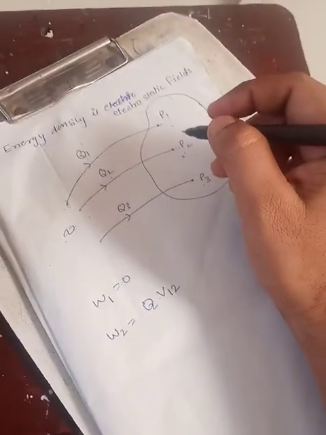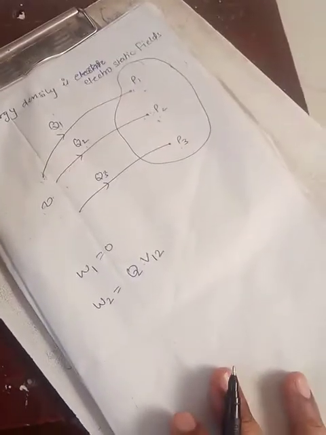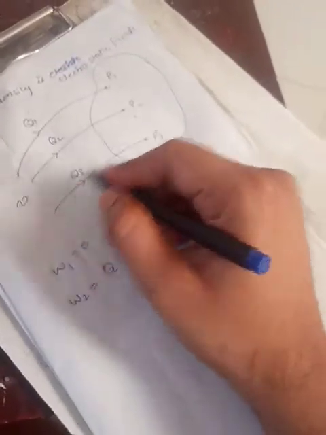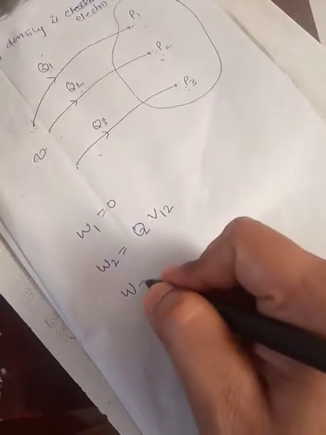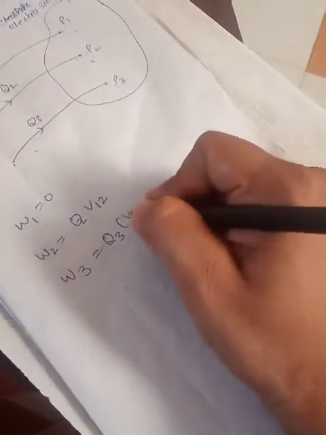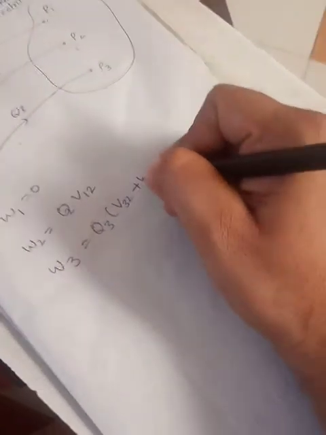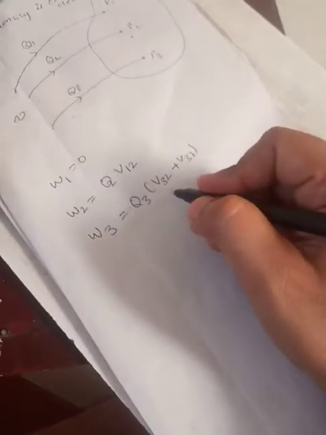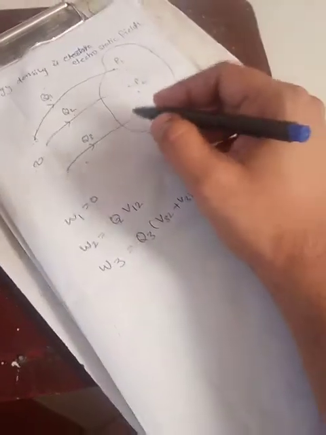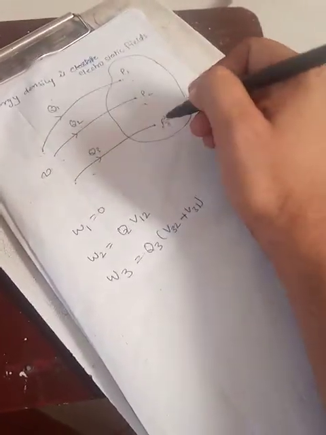Similarly, the work done in positioning Q3 at P3 is the product of Q3 and the potential from these, so W3 will become Q3 times (V31 plus V32), where V31 and V32 are the potentials at P3 due to the Q1 and Q2 charges.